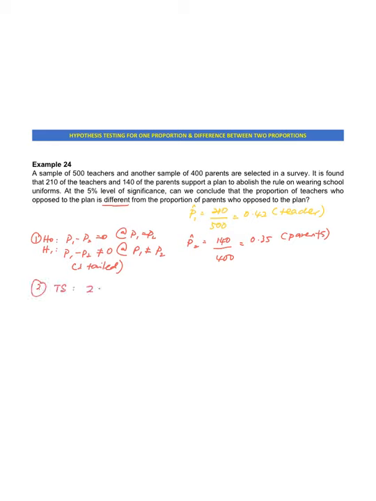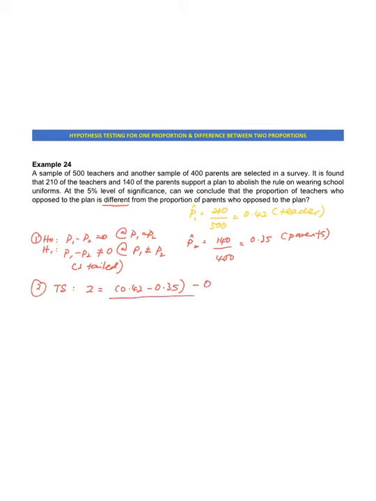Second step, we want to calculate the test statistic. So our test statistic here is Z. Z equals p̂1 minus p̂2. p̂1 is 0.42 minus 0.35, minus 0, because our H naught has no value, so minus 0.